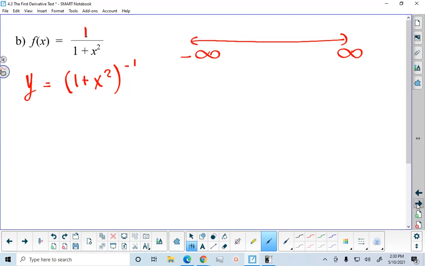Since the top is a constant, to me it's easier to move the bottom up and express it with a negative exponent. I don't even have to use the product rule here. I just use the power rule. I sweep that -1 out in front of the base, which stays the same. I drop 1 from the exponent, and I multiply by the derivative of what's inside. This should be a 2.